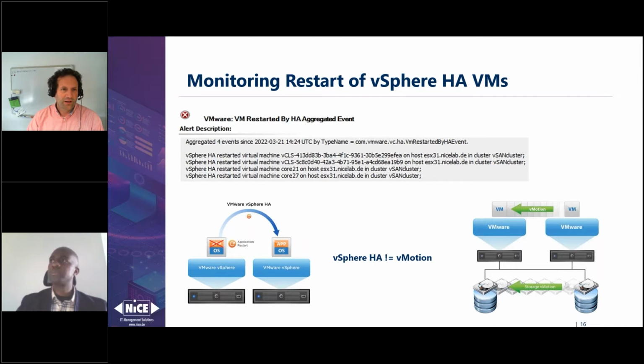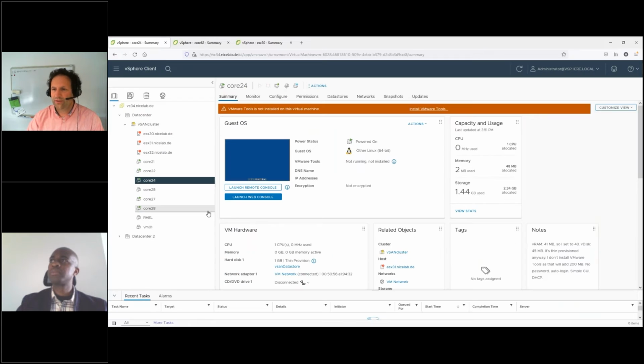Let's go over to my demo environment. I'm starting right here on the vCenter client. We have a vCenter with vSAN set up, and this is the cluster. In this cluster, we have a number of VMs running on 3 ESX systems.